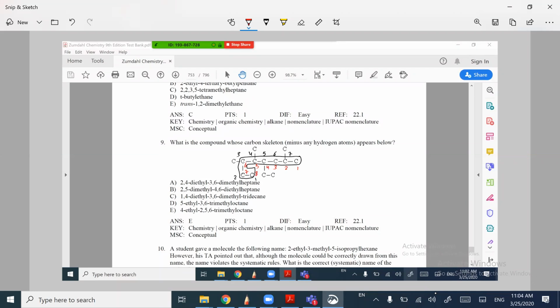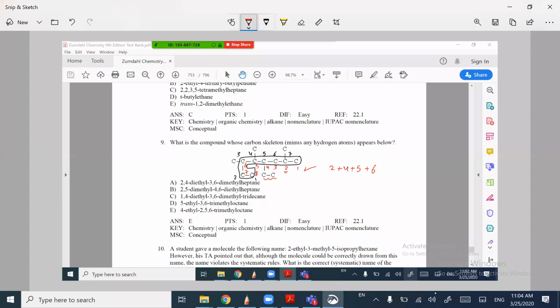If we take this one, we find that on carbon atom number 2 we have a branch, on carbon atom number 4 a branch, on carbon atom number 5 another branch, and on carbon atom number 6 a branch, according to the red counting.